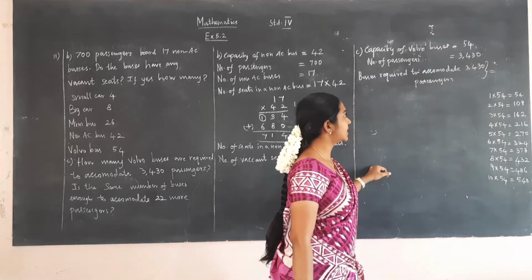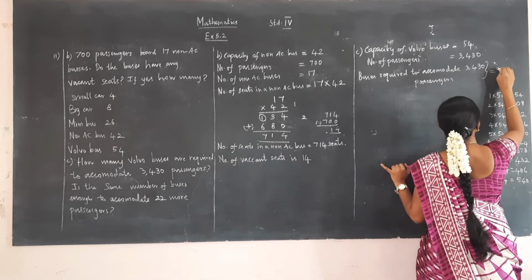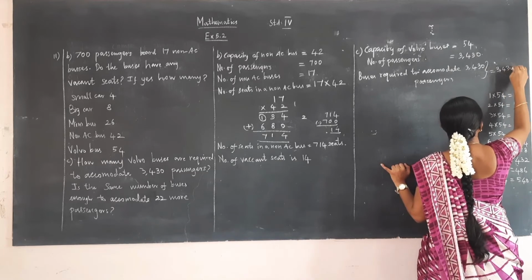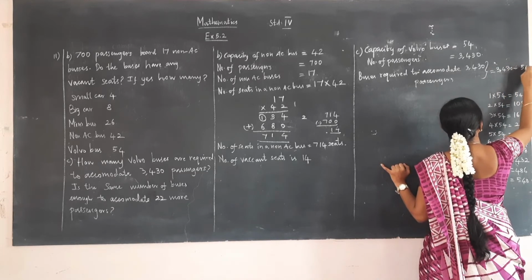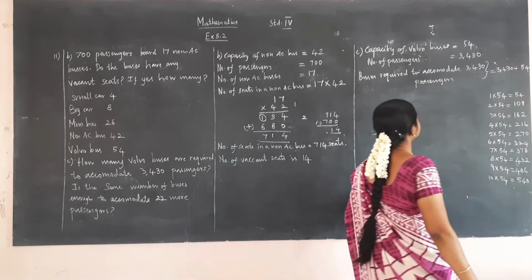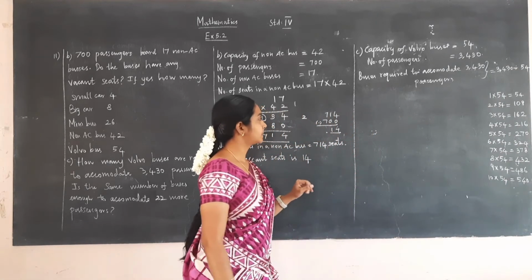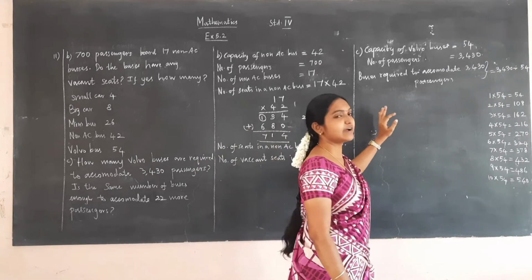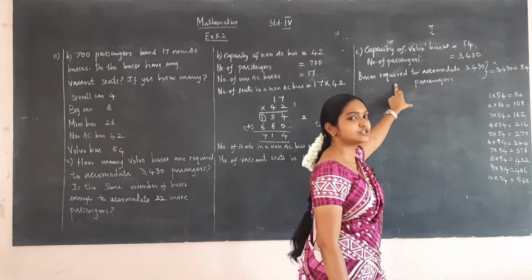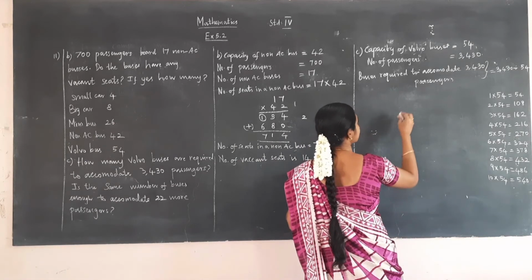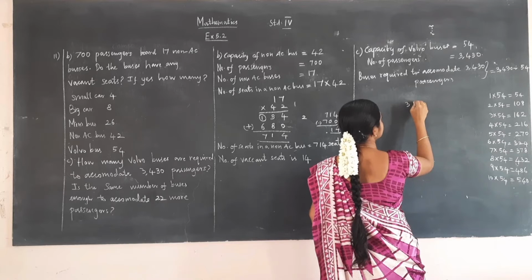We have to divide 3,430 by 54. When we divide, we will get the buses required to accommodate 3,430 passengers.